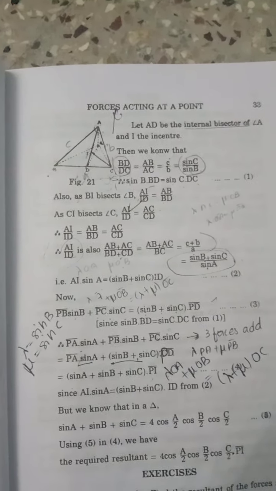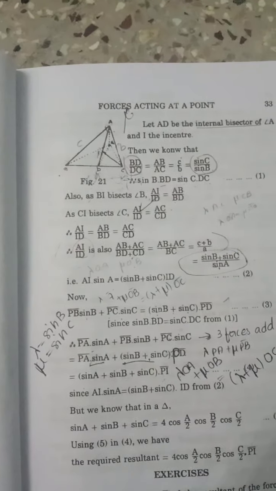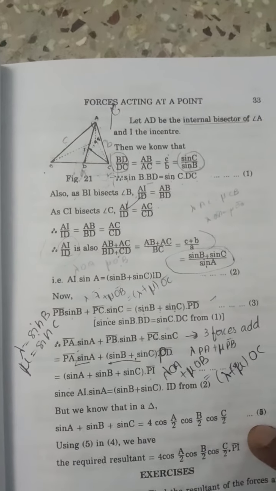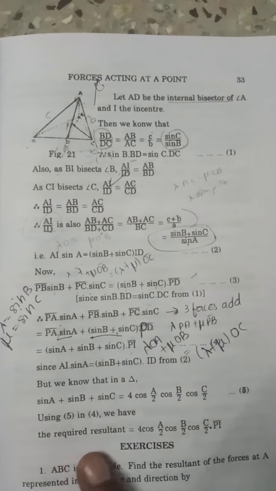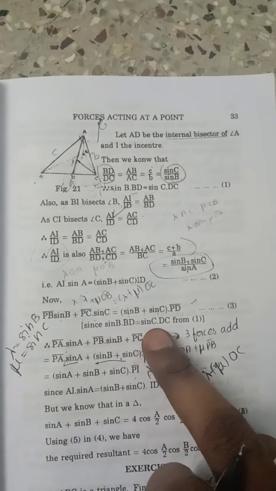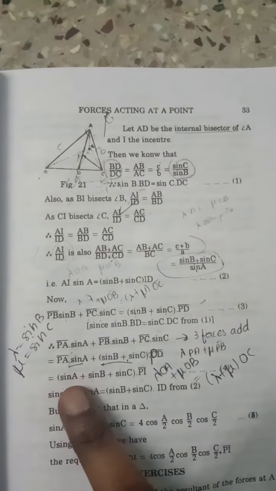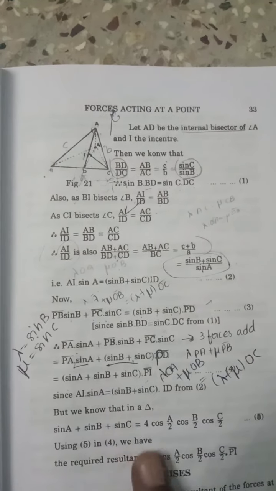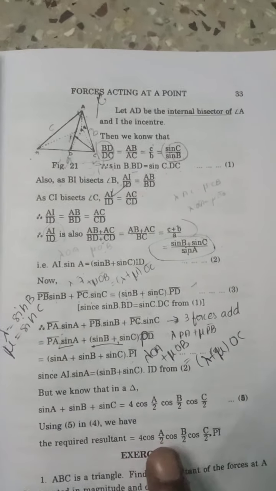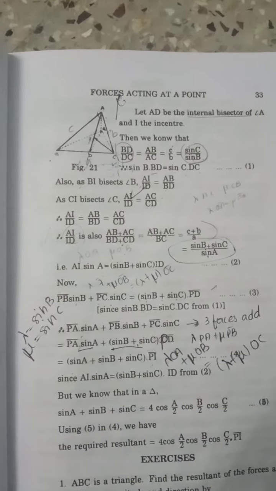By equating the fourth and fifth equations, we substitute this in the fourth equation. Instead of sin A plus sin B plus sin C, we substitute 4 cos A/2 cos B/2 cos C/2, giving 4 cos A/2 cos B/2 cos C/2 times PI. So this is the solution for this question.